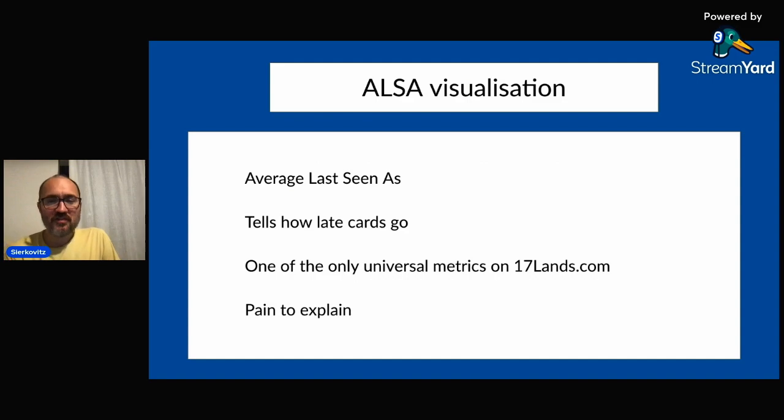It's one of the only universal metrics on 17lands.com, which makes it very interesting, because the problem with 17lands data very frequently is that it's based on this self-selected group of 17lands users, and they are not the same as the general Arena population, because they are usually more invested players, maybe even, I'm not afraid of using the word, better players with a higher win rate, because their win rate is like 56, 57% on average.